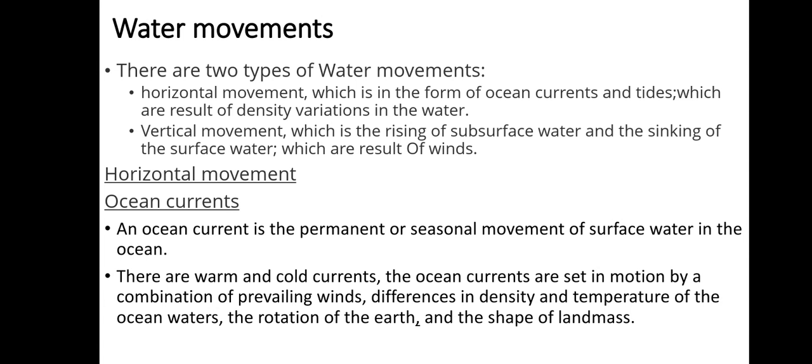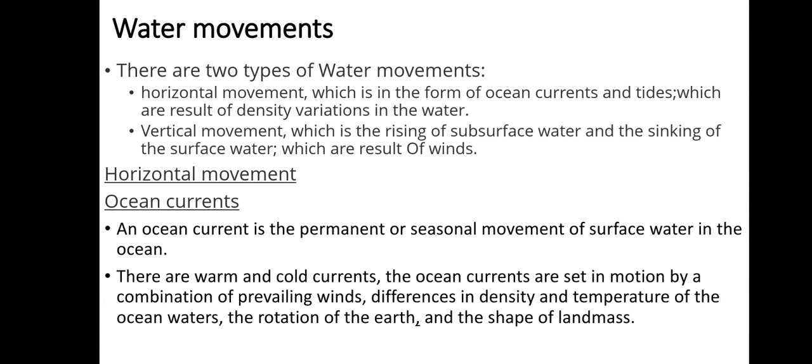So let's start talking about the horizontal movements, specifically ocean currents. An ocean current is the permanent or seasonal movement of surface water in the ocean. So the permanent or seasonal movement of the surface water in the ocean is what we call the ocean current. Now there are warm and cold currents.